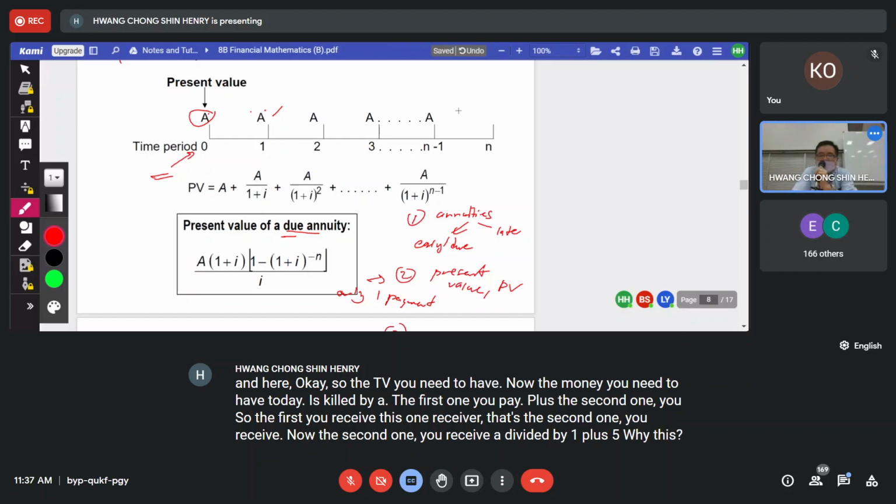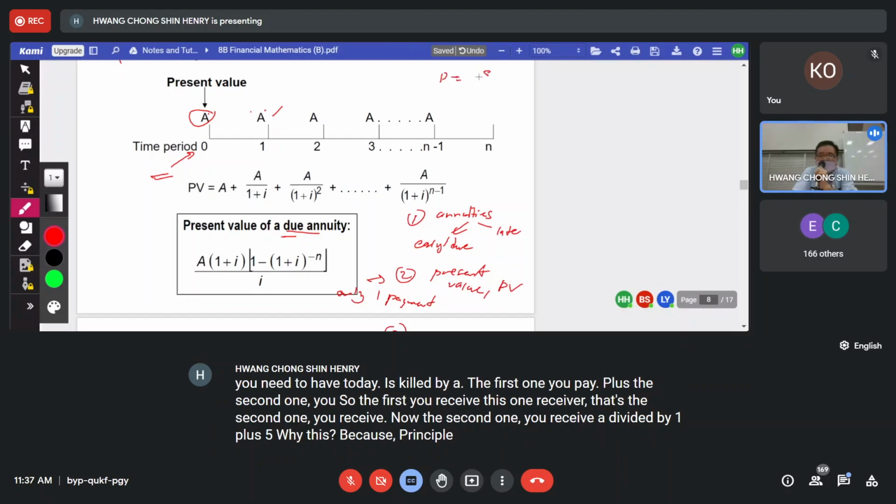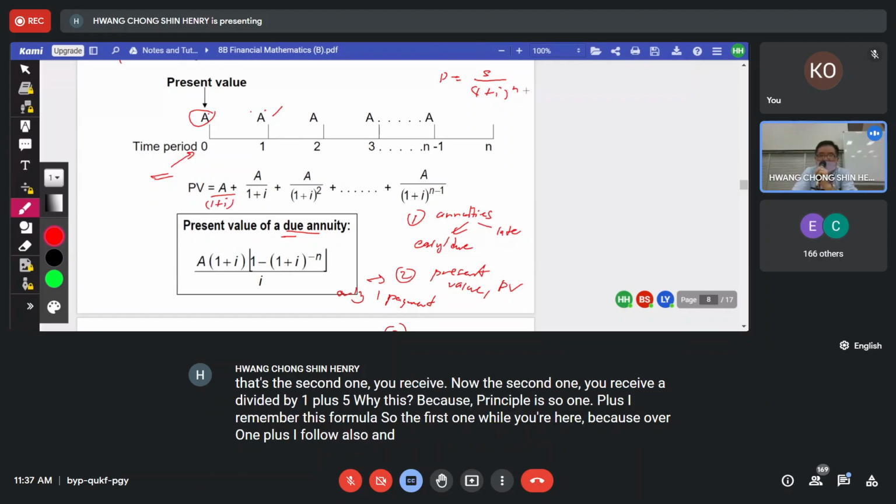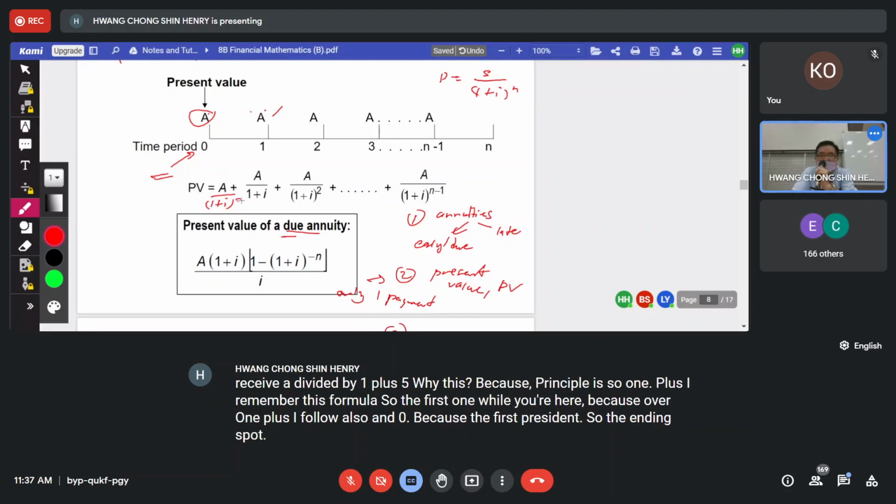Because your principal is S over 1 plus I. Remember this formula? So the first one, why do we have A here? Because over 1 plus I power of what's your n? 0. Because it's the first present value here, so the n is 0. Anything power 0 is 1. Correct or not? So A divided by 1 is A.